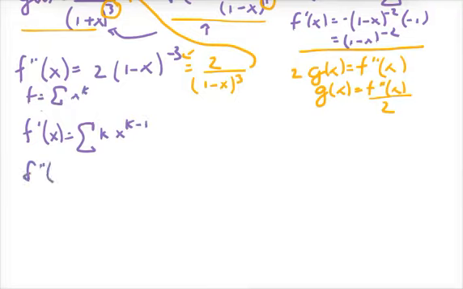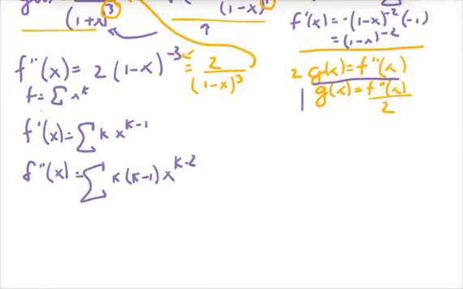The second derivative, manipulating the indices, is k times k minus 1, x to the k minus 2. So let's look at the relationship here that we have. That's f double prime, so we have to divide that by 2.